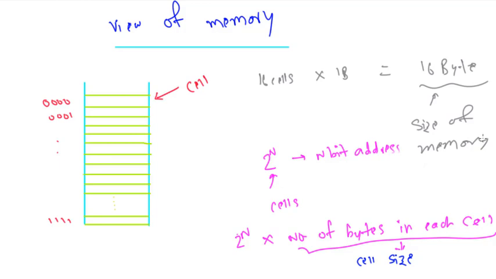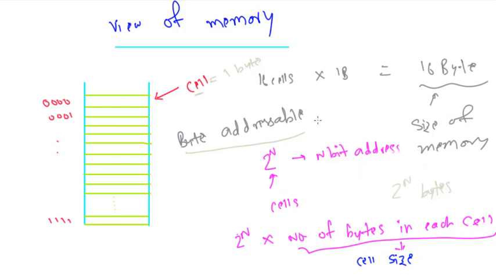I will sometimes use that memory is byte addressable. This is just a fancy way of saying that each cell size is 1 byte. Okay, so far so good. I have understood that if each cell size is 1 byte and there are 16 cells, then memory size will be 16 bytes. Similarly, if there are 2 to the power n cells and each cell size is 1 byte, then memory size will be 2 to the power n bytes.